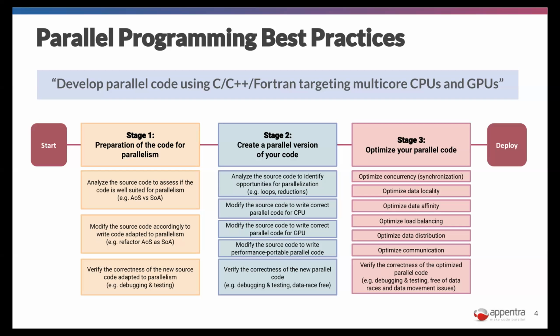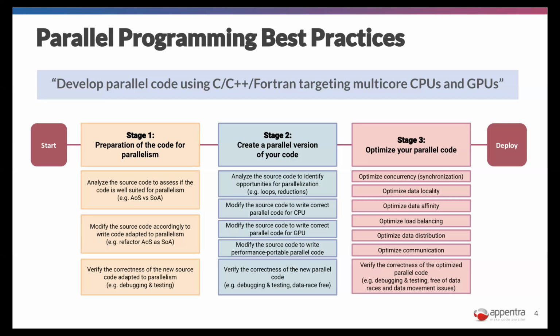Stage 1 is prepare your code for parallelism. Even before starting to code and add any OpenMP pragmas, for instance, to your code, think about how the code is written, the functions that are created and invoked, the data structures, how the data is really laid out in memory, how the data are used by the loops when the code is executing on the CPU.